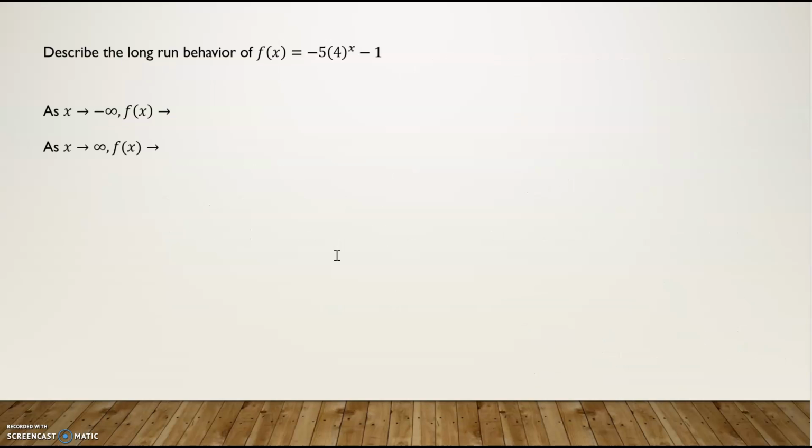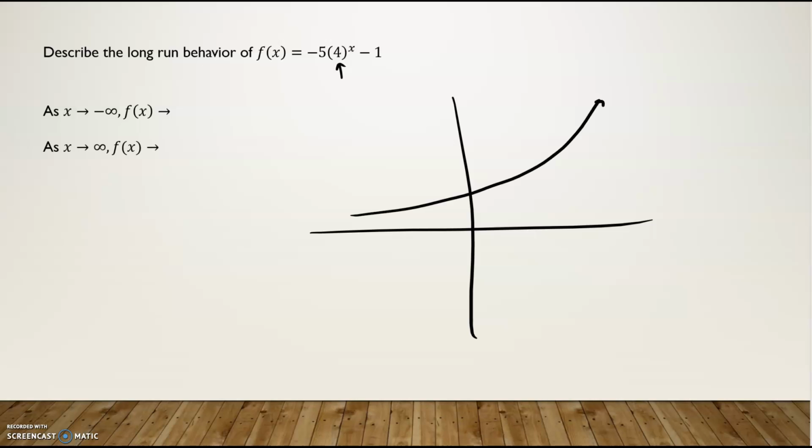So let's look at this right here. So this is not our parent function. It has been transformed. So we'll have a rough graph of this. So let's look at b. b is 4. So it should be increasing. So it should be doing something like this right here. But notice we've got a negative right here.